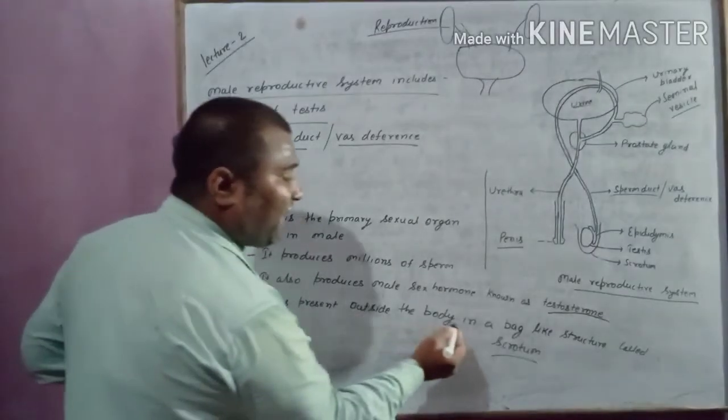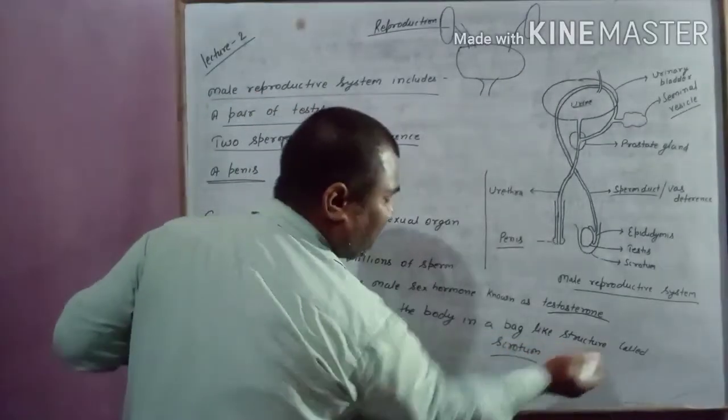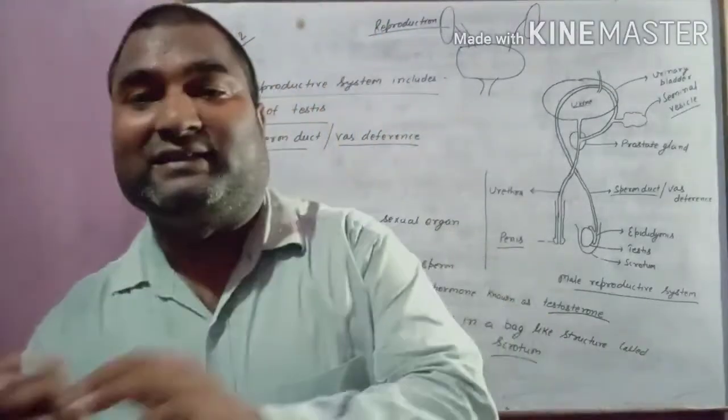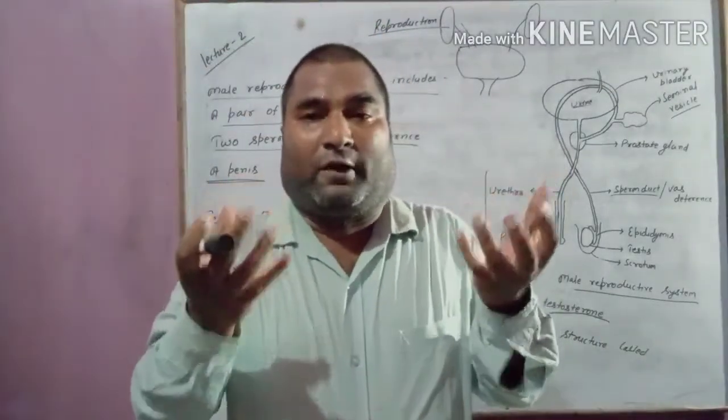And it is present outside the body in a bag-like structure called scrotum. You will ask, sir, why is it kept outside the body? Why is it not inside the body?